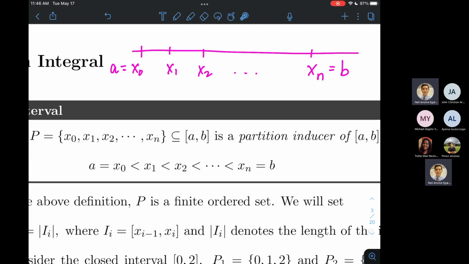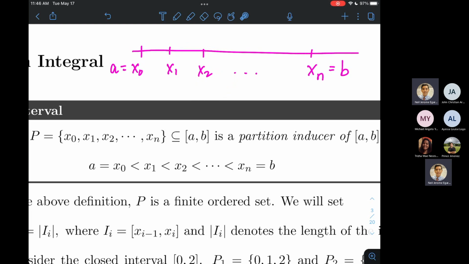At saka ang bawat isang element ng bigger set ay nasa isang element lang ng partition. So in this particular case, we say that the closed interval x0 to x1, the closed interval x1 to x2, the closed interval x2 to x3, and so on until the closed interval x sub n minus 1 to x sub n induces sort of a partition. Basta wag mo lang isasama halimbawa si x2 dun sa dalawang intervals na magkasunod.